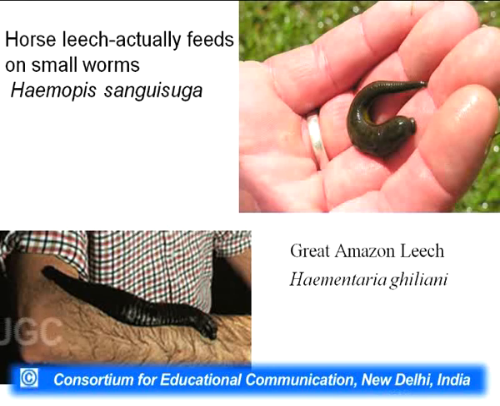Here we can see some examples of leeches. This is a leech which is big enough in size, maybe the size of the arm of a human being, and these leeches feed on the blood of vertebrates, the blood of fishes and amphibians, as they are present in water.